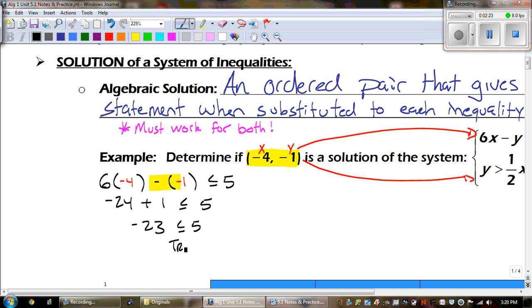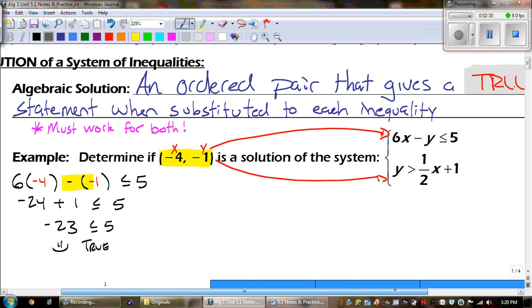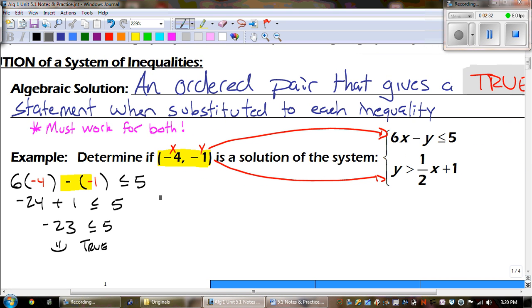Is -23 less than or equal to 5? Yeah, so that's true. We're happy, but it's got to work for both, so I'm not sure if this is our answer yet. Now I'm going to plug into our second one. Our y, -1, is greater than 1/2 of -4 plus 1.